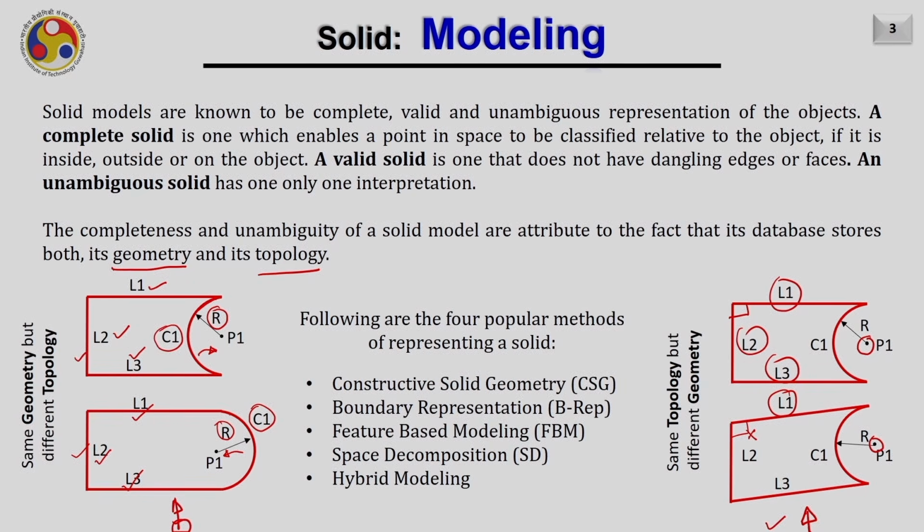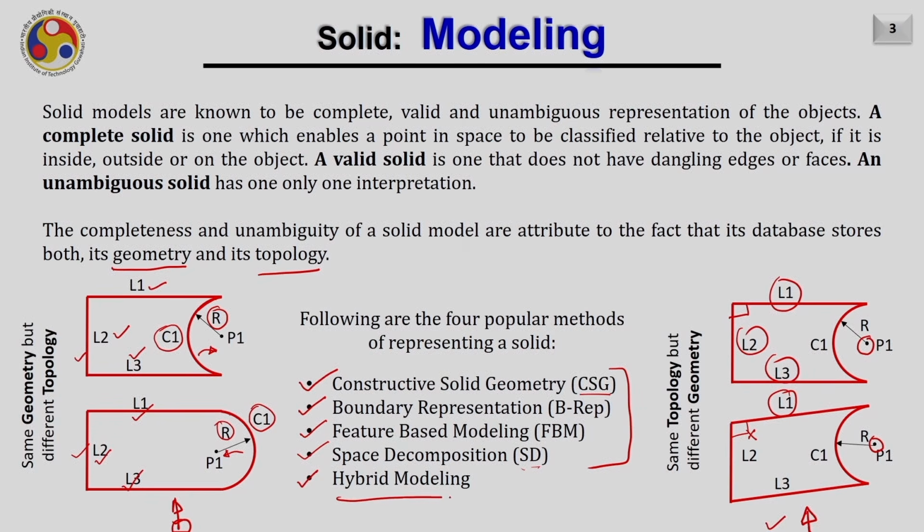There are four popular methods of representing a solid. First is constructive solid geometry, CSG, then boundary representation, BREP, feature based modeling, FBM, and space decomposition, and a combination of two or more of the above may be called hybrid modeling.